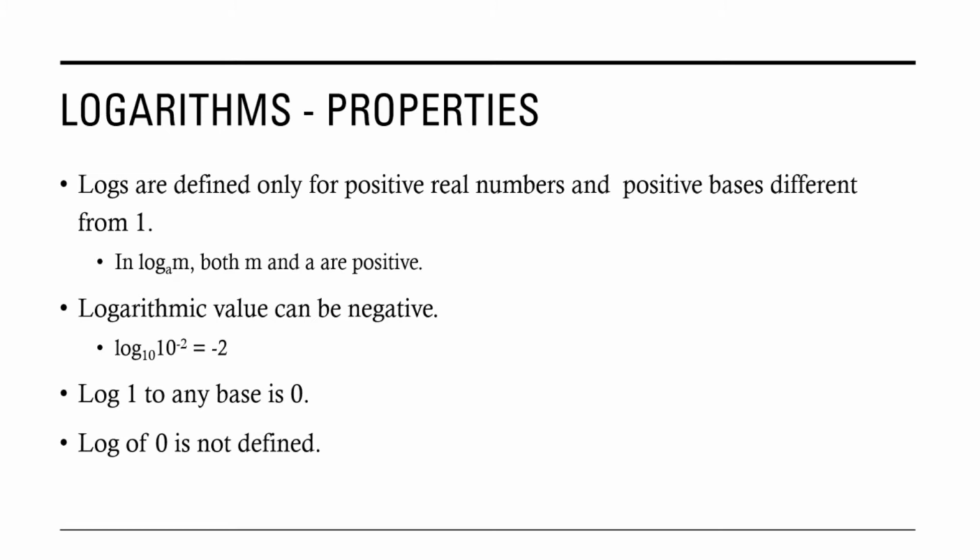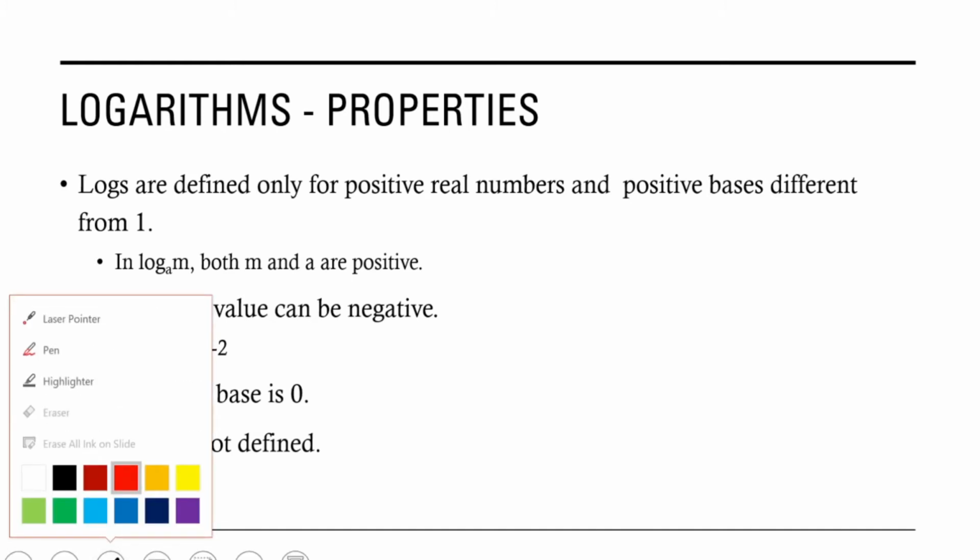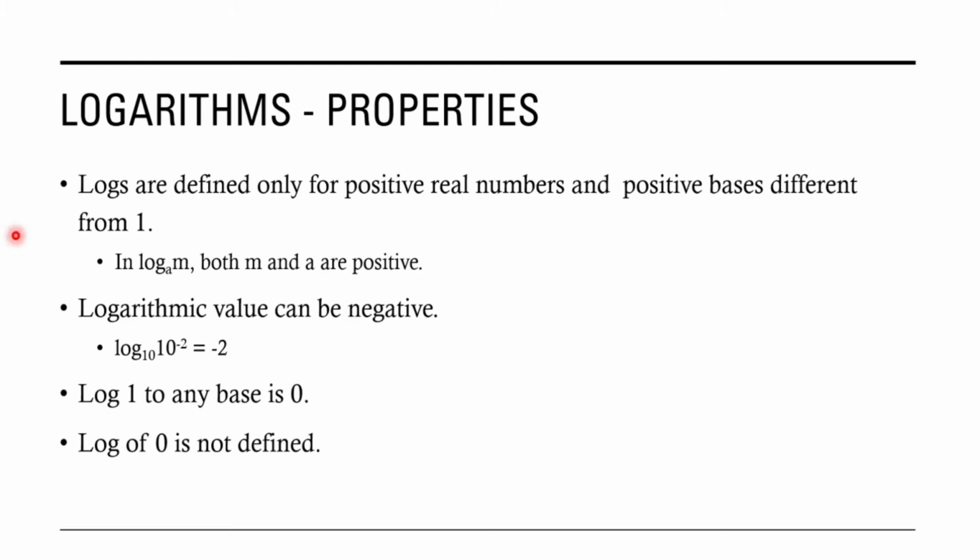That is, the given number and the base both are positive. On the other hand, the logarithmic value can be negative. For example, log of 10 raised to minus 2 to the base 10 is equal to minus 2. So, this value can be negative, whereas the given number and the base can never be negative.